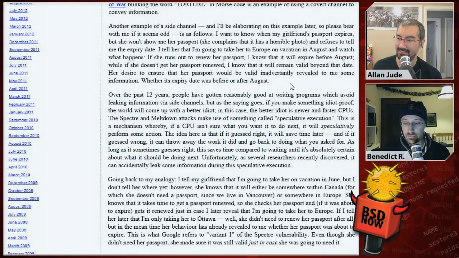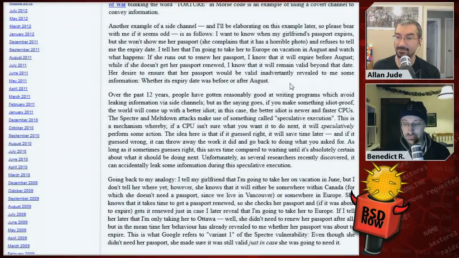So he has a little hypothetical example. Colin wants to know when his girlfriend's passport expires, but she won't show him her passport because she complains that it has a really horrible photo, and refuses to tell Colin the expiry date. So Colin tells her that he's going to take her to Europe on vacation in August, and then he watches what happens.